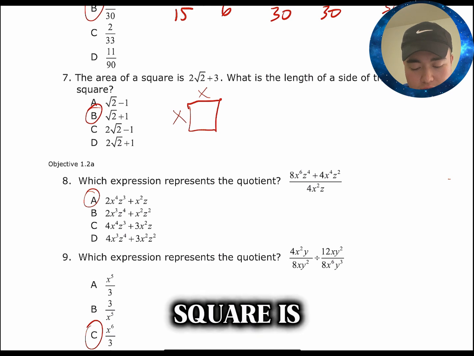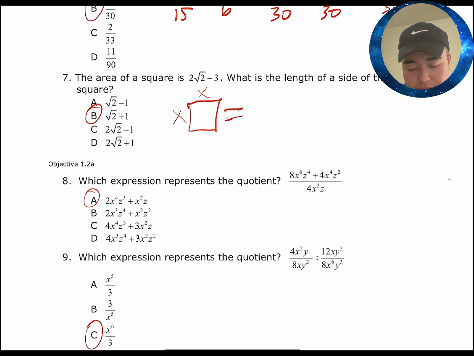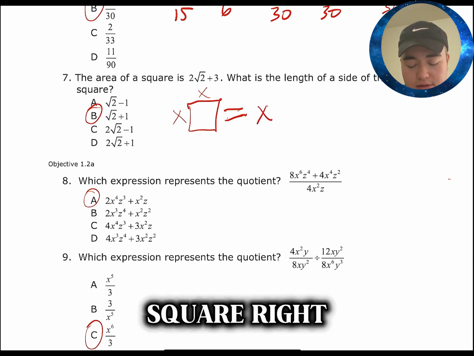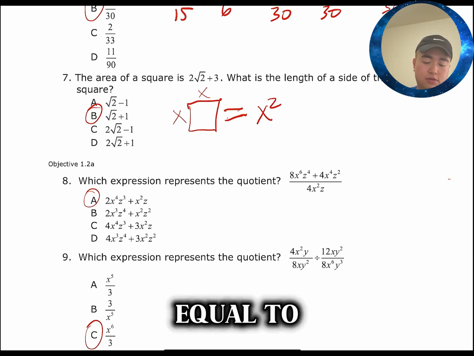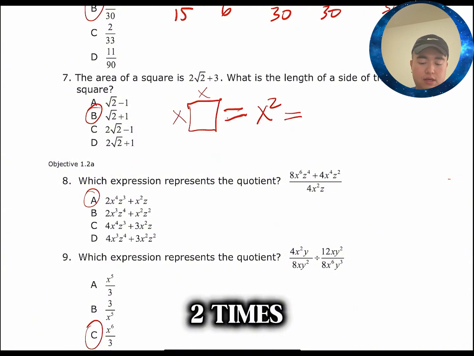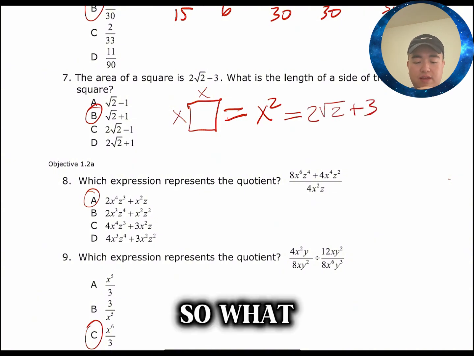The area of a square is x squared, right? x times x. So x squared is equal to 2 times root 2 plus 3. So what value of x gives me this?